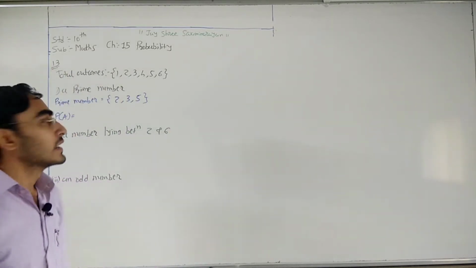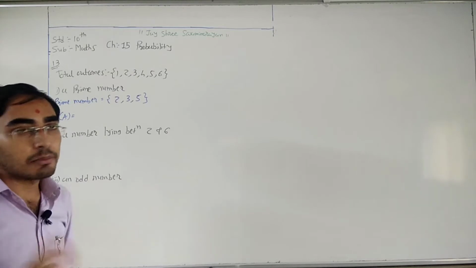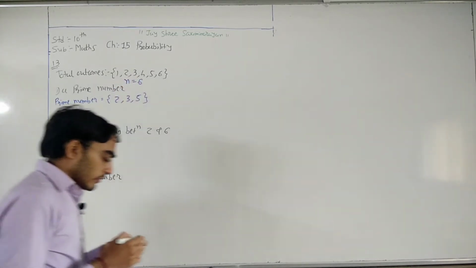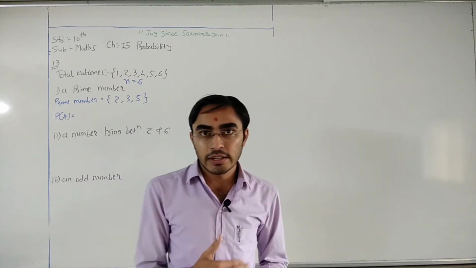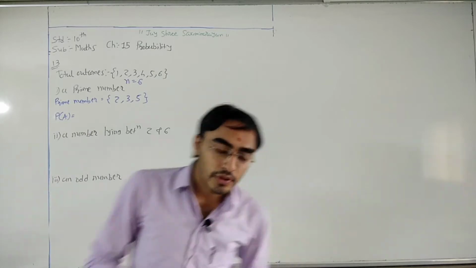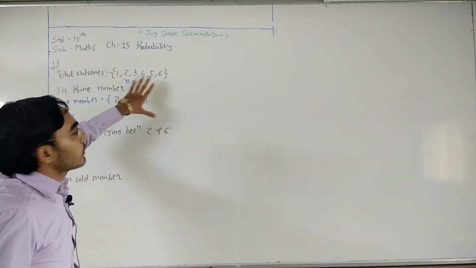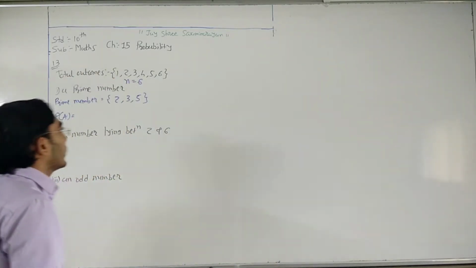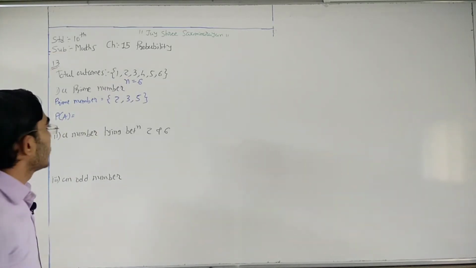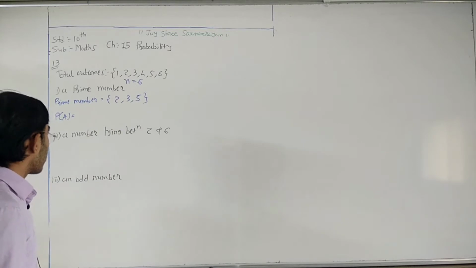So n is equal to 6, that means our denominator is equal to 6. What is the formula of probability? m by n. m means favorable outcomes, n means total outcomes. So total outcomes remain the same for all these questions.